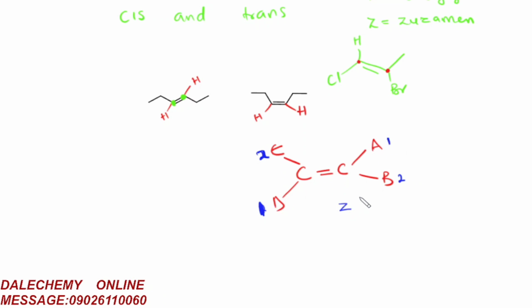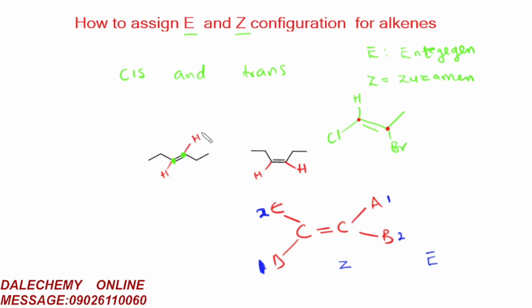In this case, it won't be Z again, it will be E. So that's just the difference between E and Z configuration and cis and trans. Remember, cis and trans is between the same group, but here they are not necessarily the same. Just give them priority, and if the two priority groups are opposite to each other, that will be E, and if they are at the same side, like the previous one, that will be Z configuration.